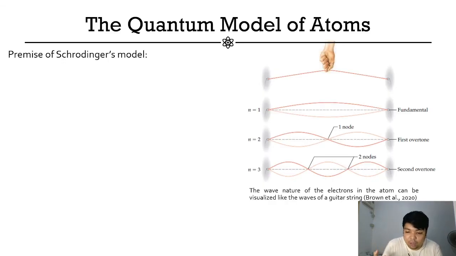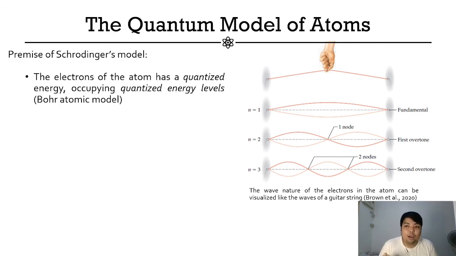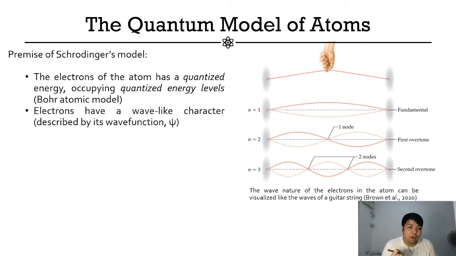The premise of the quantum mechanical model is that it also applies the concepts of Bohr's electronic model of an atom, wherein electrons occupy specific energy levels that have specific values, or as Planck said, quantized. And electrons behave like de Broglie matter, so they have a wave-like character, which is described by the wave function psi.